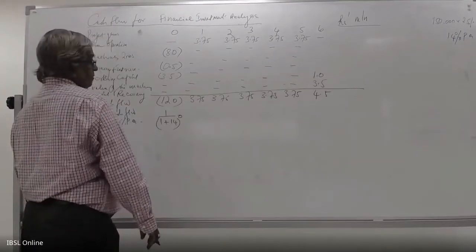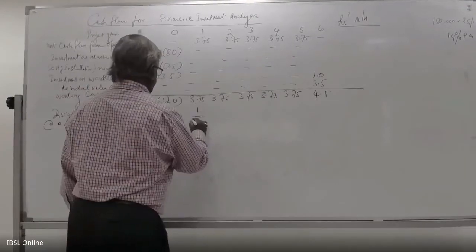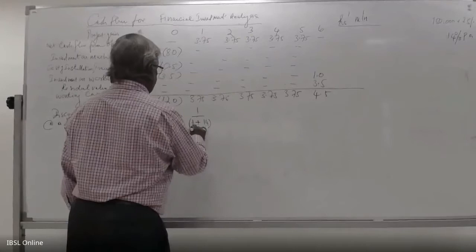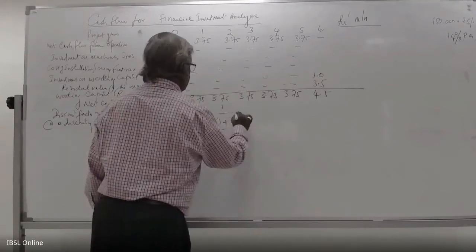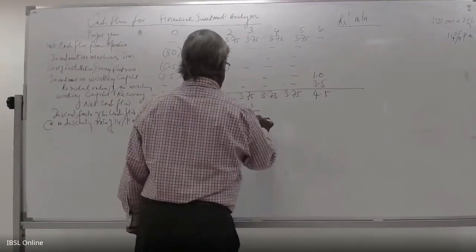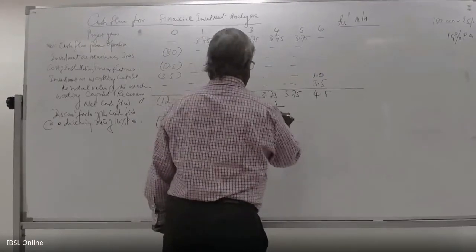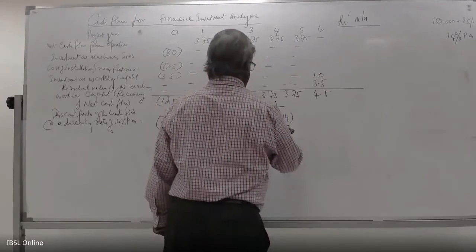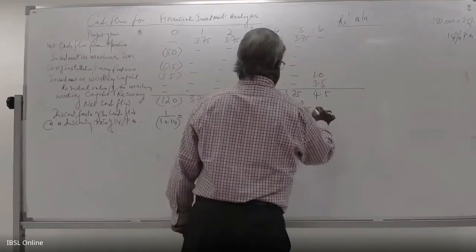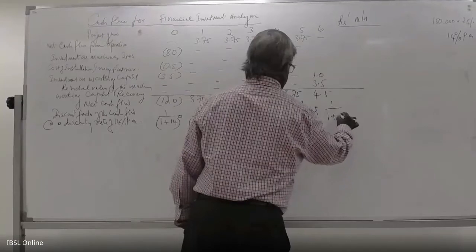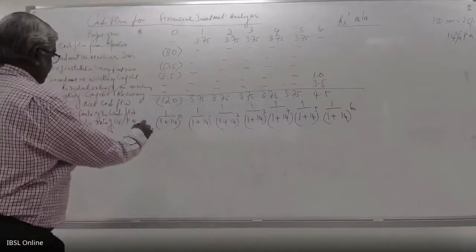That is the discounting factor. Now 1 divided by 1 plus 0.14 to the power 1, to the power 2, to the power 3, to the power 4, to the power 5, and to the power 6. So now this is equal to the discounting factor.